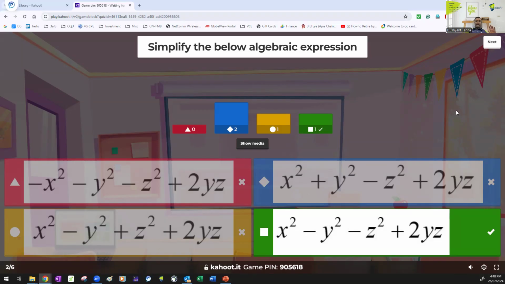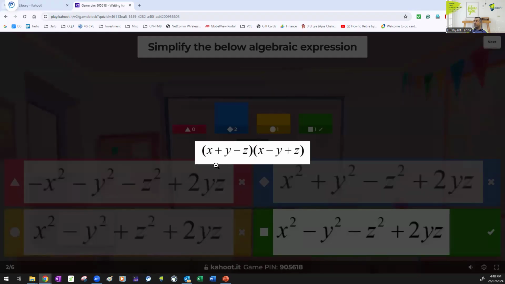Okay, I think everyone must change the approach, otherwise you keep getting stuck. When you look at the options, everything has x squared, y squared, z squared, no x y or any other terms. So when I multiply, there'll be a term x with x, so x squared. Follow me.